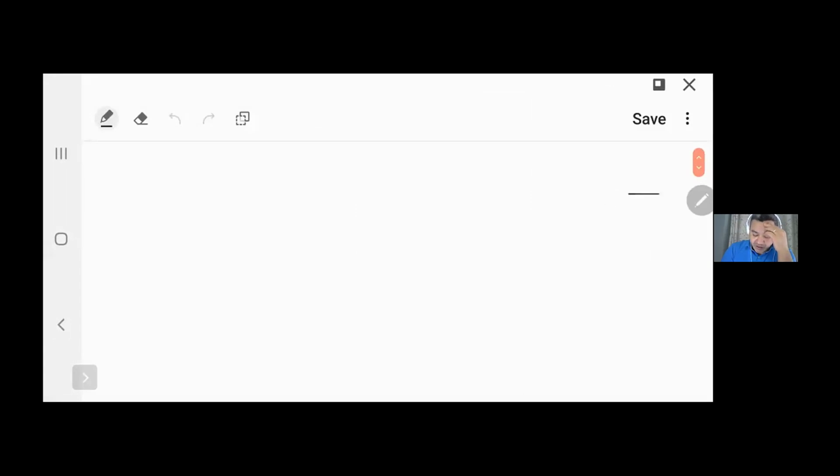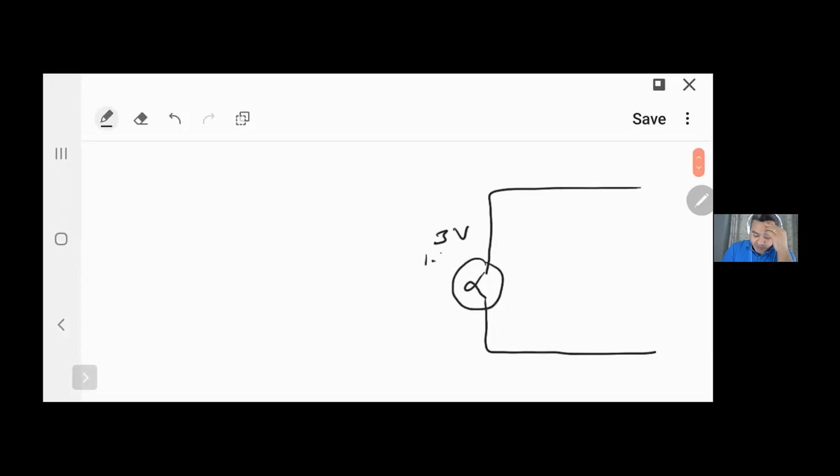Okay, so here we have those two wires, and then we have a light bulb here, 3 volt, 1.5 watts, and then there is a bar that can slide.